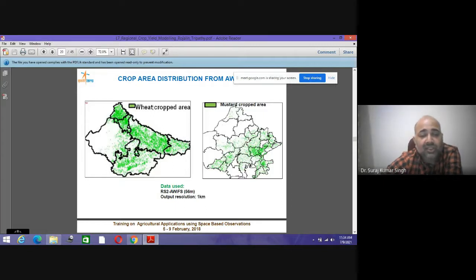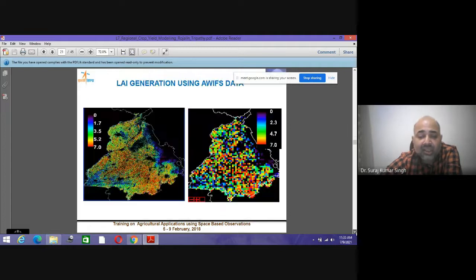But using remote sensing and GIS data sets, a large area can be easily mapped and modeled, and a real estimation, prediction, forecasting, modeling, yield and production can be easily suggested, whether you are talking about wheat production or mustard production, and the government and the administrator can easily model it.